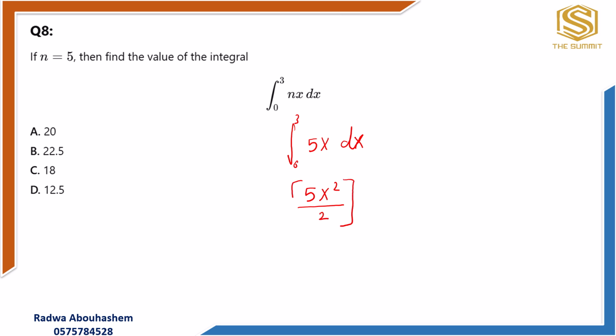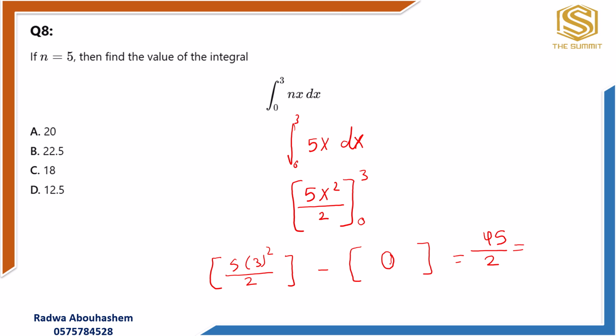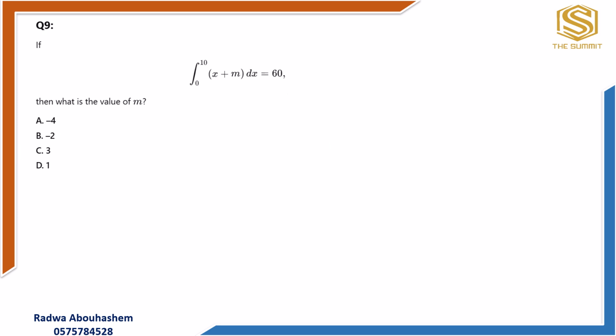So I will just put the limits of integration and we substitute. So 5 times 3 power 2 over 2. Of course, if you put the 0, it will give you 0 every time. So here, 3 power 2 is 9. So 5 times 9 is 45 over 2. So it gives you 22.5.